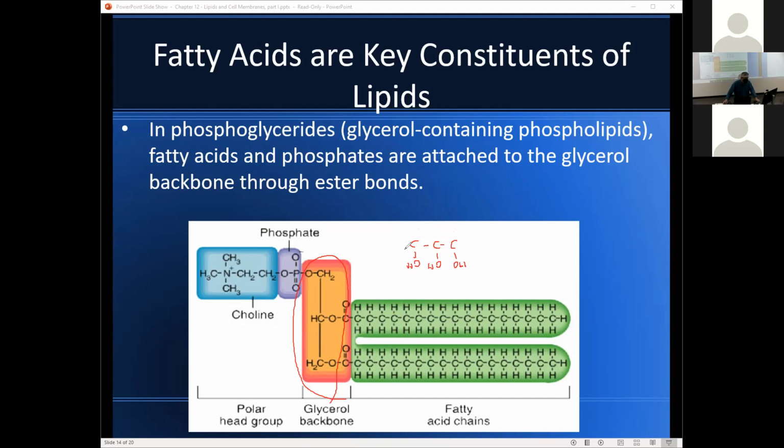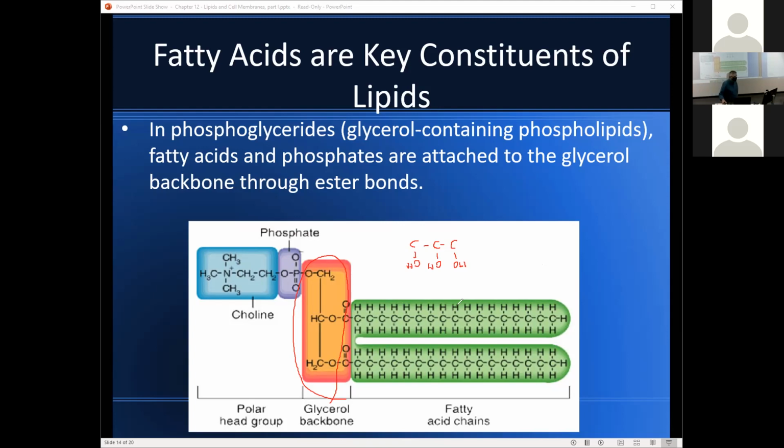I don't want to draw in all the hydrogens, but a glycerol molecule has 3 hydroxyl groups, 1 on each carbon. And these hydroxyl groups on the glycerol can form ester bonds with the carboxyl groups on the fatty acids.